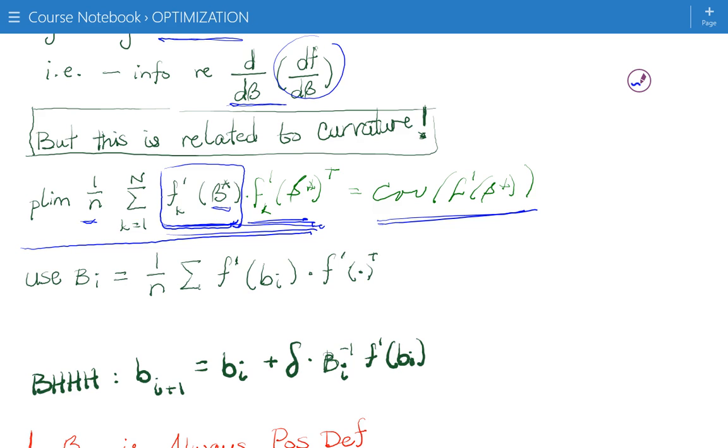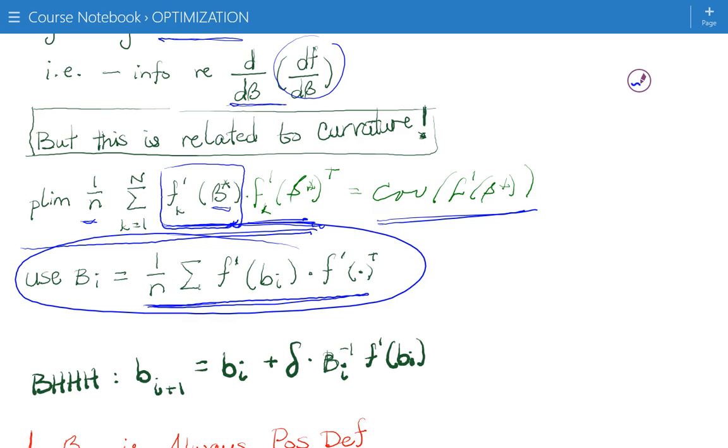It's 0. So they noted that, and they said, well, let's use the sample analog of this associated with the particular point that we are at. Now, we're not at beta star, we're trying to get to beta star, but let's suppose we're close enough and we define this matrix B related to our current point.